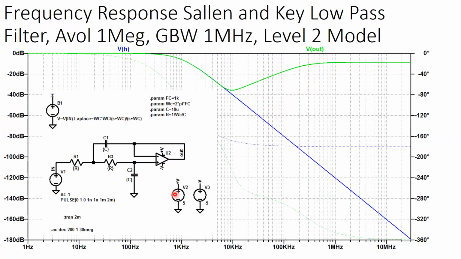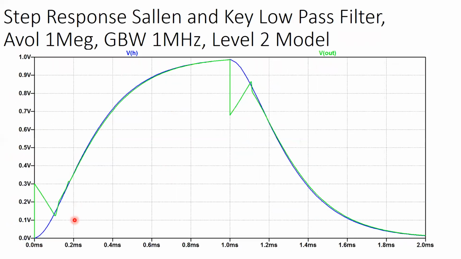What's going on is there's more than one pole in here. And when the open loop gain ceases to act like it's an infinity, if this op amp wasn't here, that capacitor will kind of act like a high pass filter. So it just stops working. And now look at the step response.